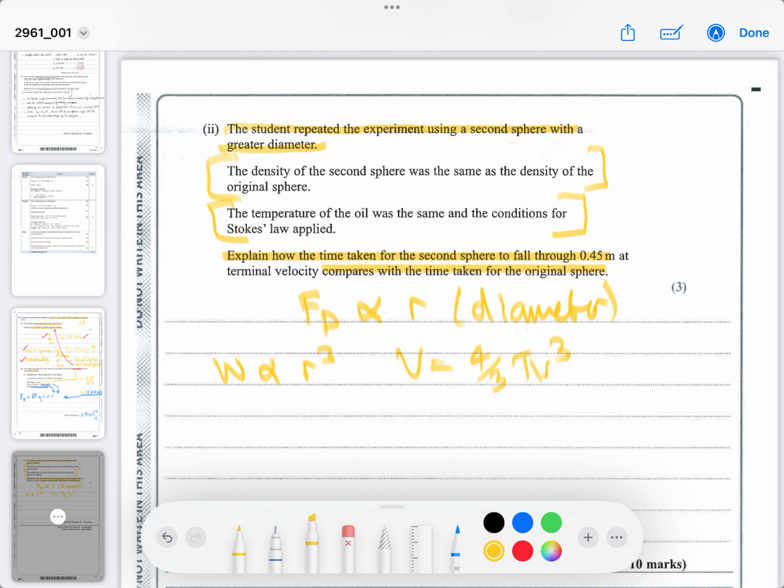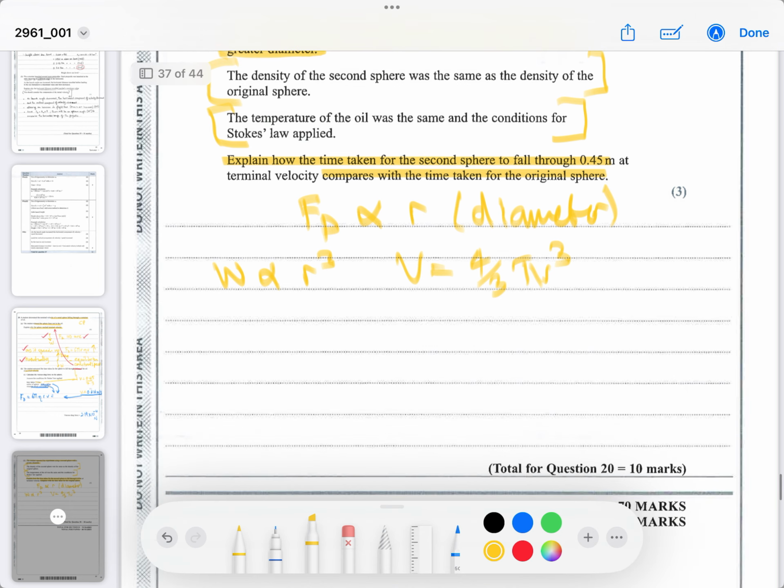Now, since the radius has a bigger effect on the weight than on the drag force, it will take longer. The sphere will need to attain a higher speed. It will take longer to reach terminal velocity.